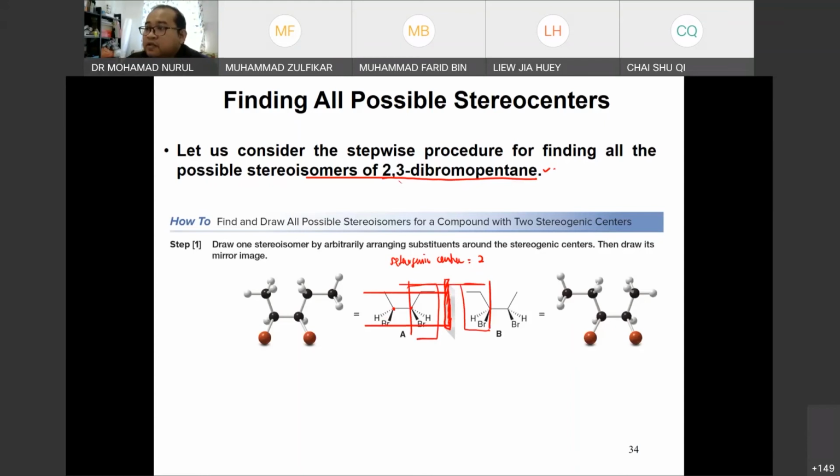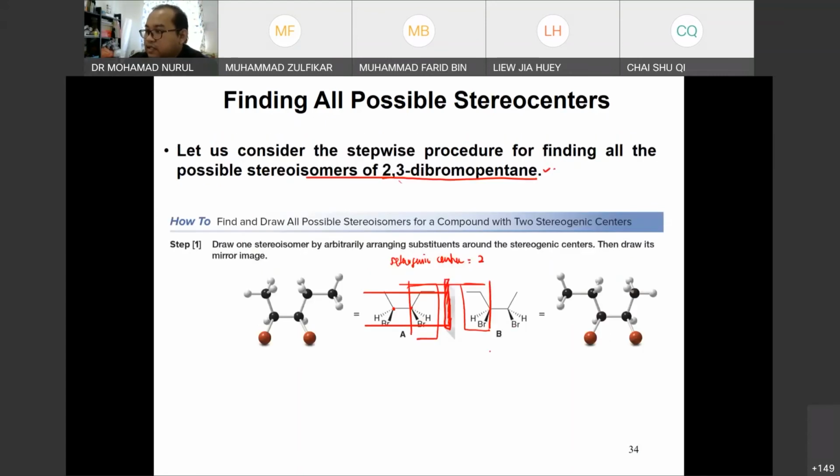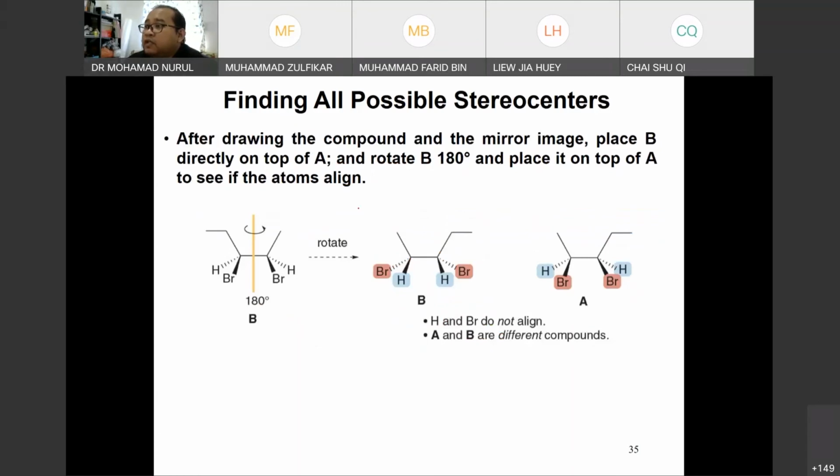After drawing the mirror image, place B, the second structure, directly on top and rotate 180 degrees, and it becomes like this. Rotate B by 180 degrees and place it on top of A to see the alignment. You can see the difference is in these functional groups.